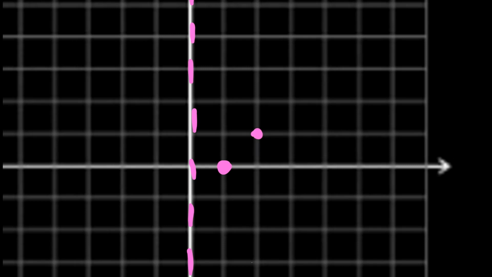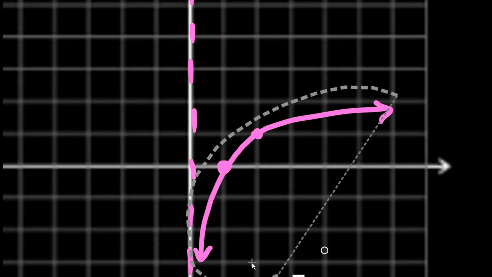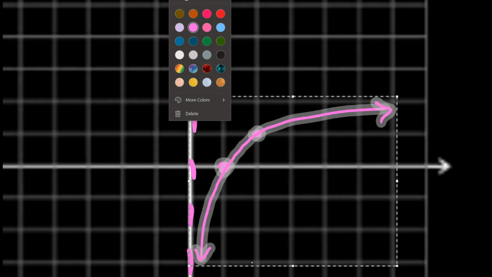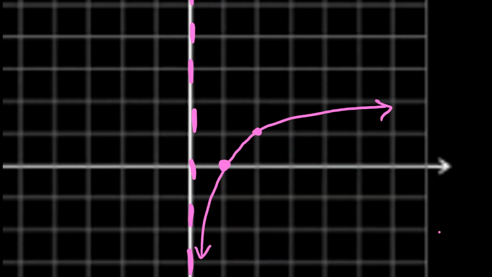If the base was 5, what would you do? Go over 5 and up 1. If the base was 10, what would you do? Go over 10 and up 1. Okay? So this is our graph. So this is the function log base 2 of x.